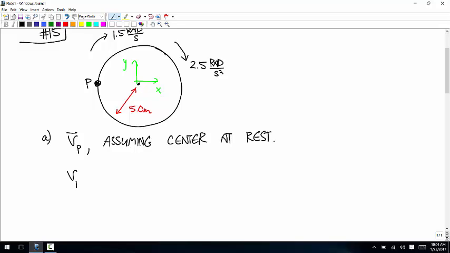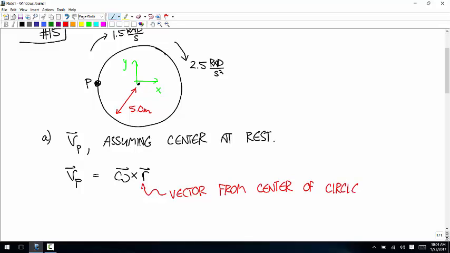And so the velocity is just equal to the angular velocity crossed with the r vector. And this r vector goes from the center of the circle to the passenger.